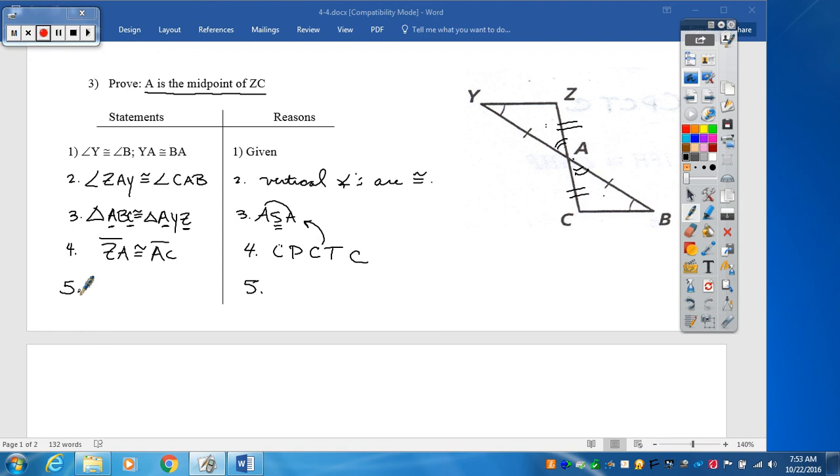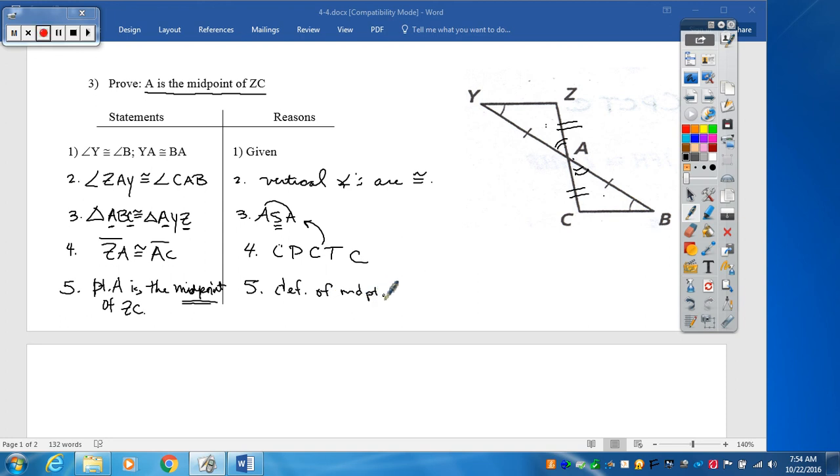So I'm going to put down point A is the midpoint of ZC. Now, what led me to that conclusion? Well, by definition of midpoint, those two segments ZA and AC would have to be the same length. Since they are, the definition holds true here. So definition of midpoint.